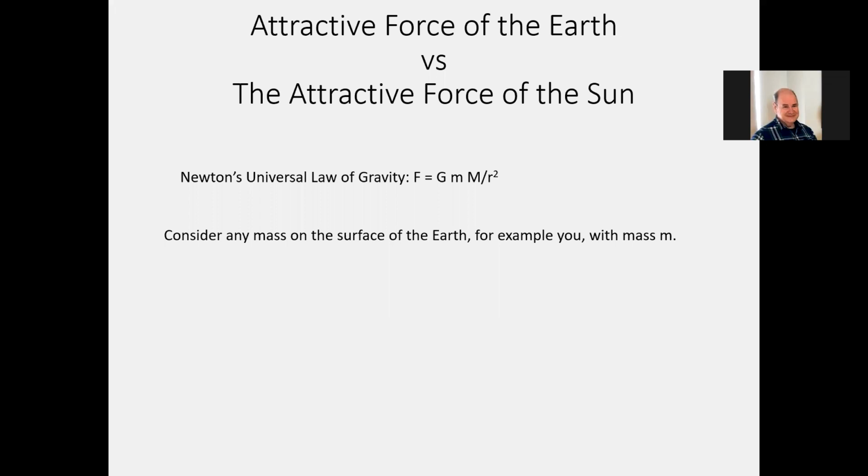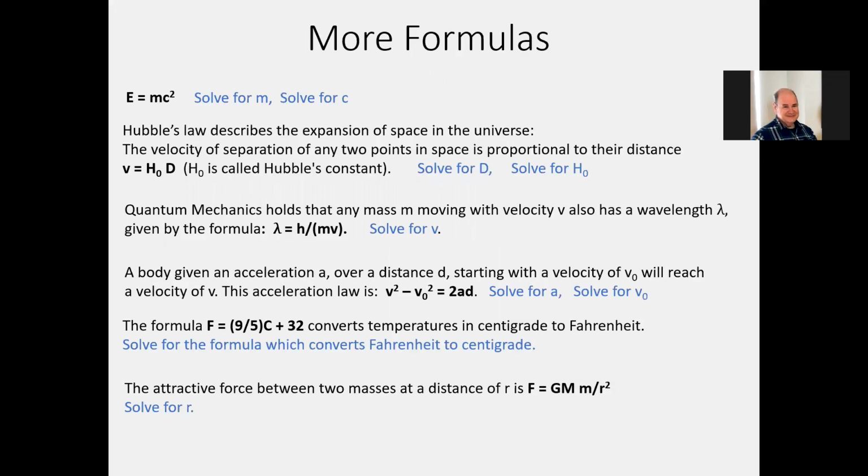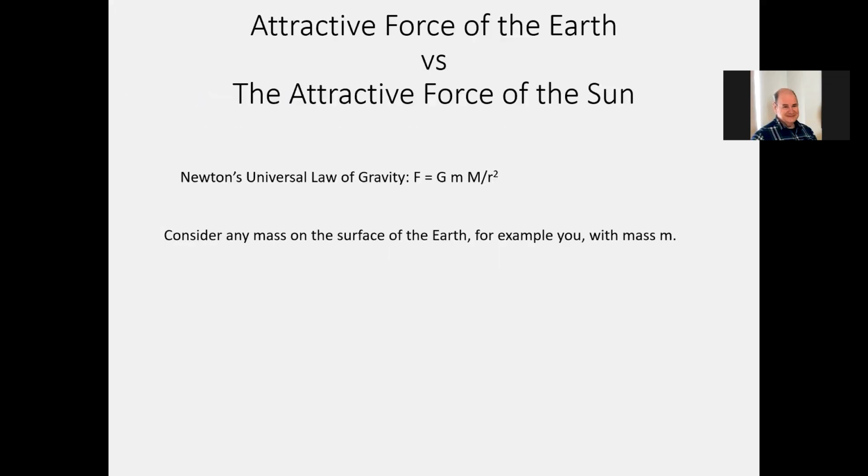All right, so we consider any mass that's on the surface of the Earth, for example your mass, and we look at the gravitational force that the Earth pulls down with, using our formula. Here we'll be using the mass of the Earth and the radius of the Earth.